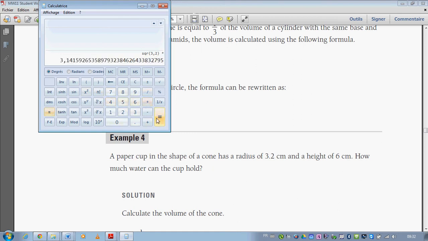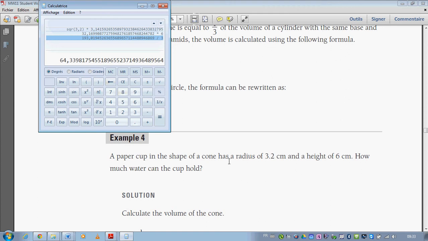There's my pi button. Okay, so here's the area of my base, and then I multiply that by the height, which is 6 centimeters, and then divide that by 3. So I got a volume of 64.3398, and that's in centimeters cubed.